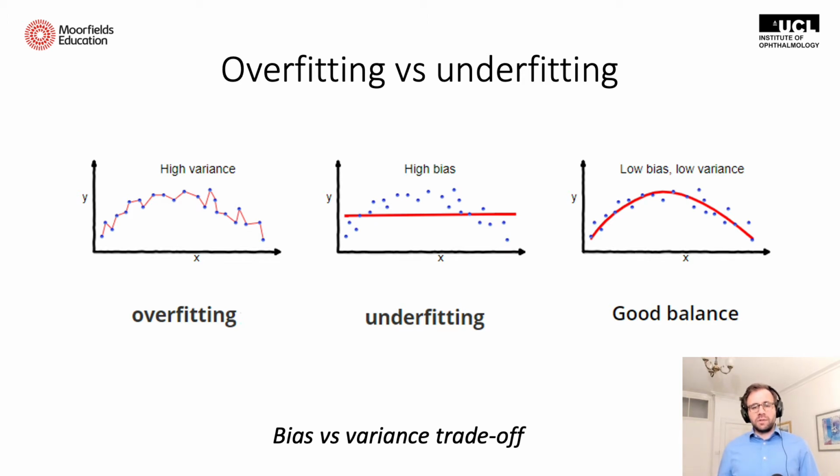The third one is, again, the best scenario. It's a low bias, low variance model, fitted in this example with a quadratic function, so it probably has 3 parameters. However, this type of model is difficult to find, and we often have to compromise between the variance and the bias.